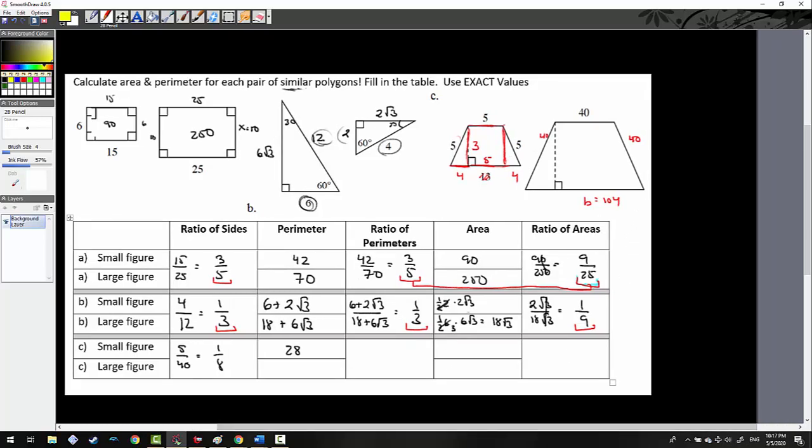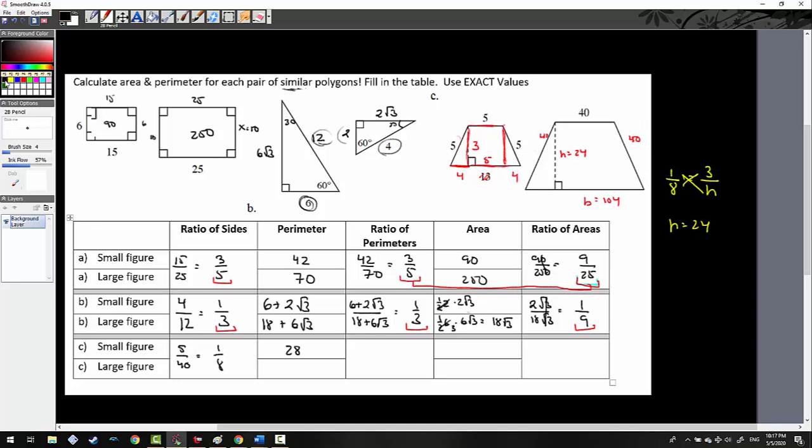I'm going to say 1 is to 8, that's our side scale factor, as 3 is to h. If I cross multiply, h equals 24, and that's the height of this larger trapezoid. So why did I do all of that? I did all of that so that I could figure out the perimeter and area of the larger trapezoid.